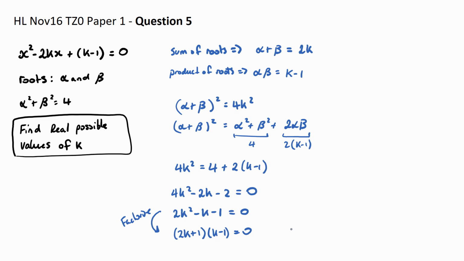And then from there, by the null factor law, k equals negative a half or positive 1. Now, the question says find the real possible values for k. So there are 2 answers here. k equals negative a half or 1. Okay, that's the answer to question 5.